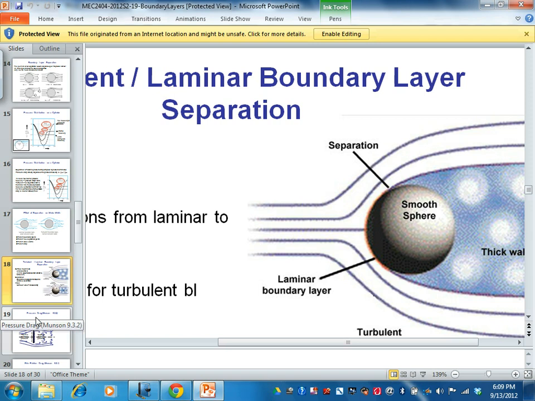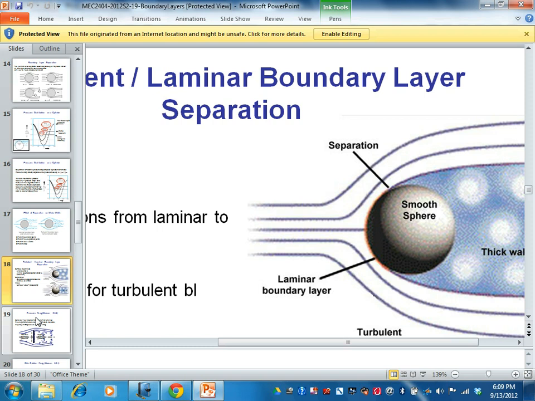If any of you play golf, you know why the golf ball is not smooth. The golf ball boundary layer is at the transition stage. When you hit it very hard, the boundary layer of the golf ball is quite small, so it's at maybe the 20,000, 50,000 stage.